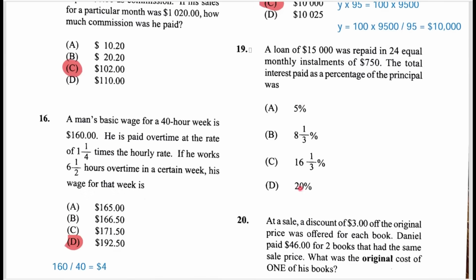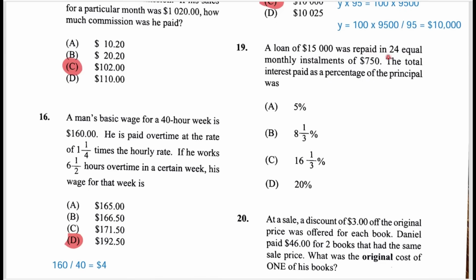Number 19. A loan of $15,000 was repaid in 24 equal monthly installments of $750. Total interest paid as a percentage of the principal was... I multiply 24 by 750, and you get 18,000. So the amount we paid is 18,000.